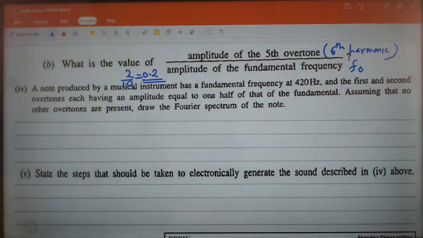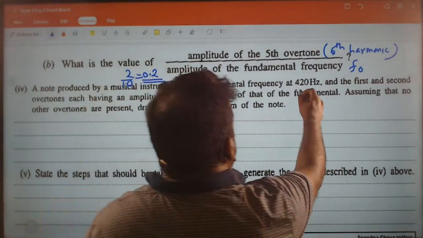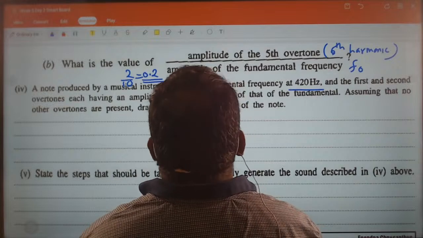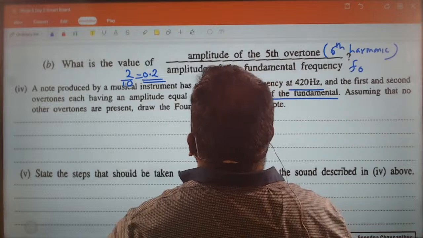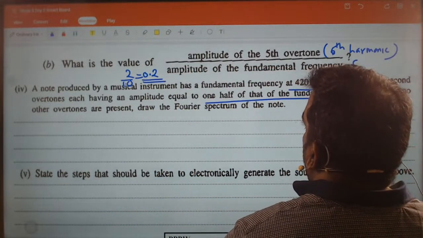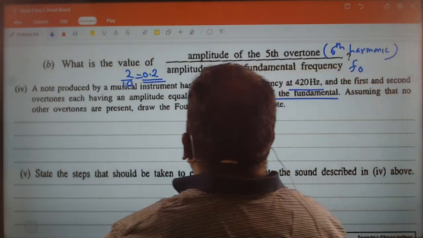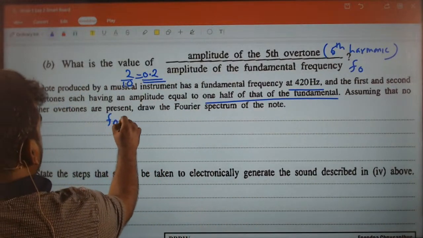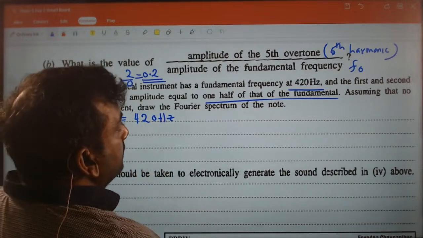A note produced by a musical instrument has fundamental frequency 420, and the first and second overtones each have amplitude equal to 1/2 of that of the fundamental. Assume that no other overtones are present. Draw the Fourier spectrum for the note. Look, the fundamental frequency is 420 hertz.